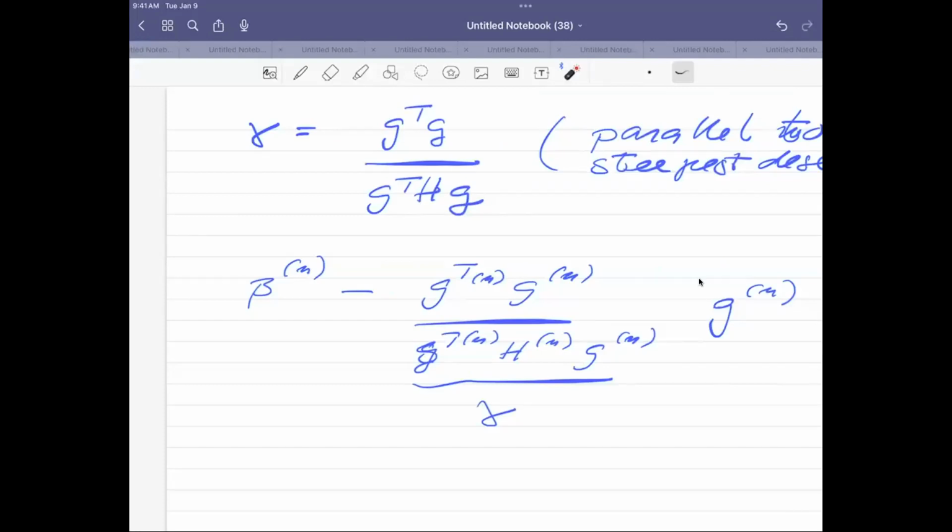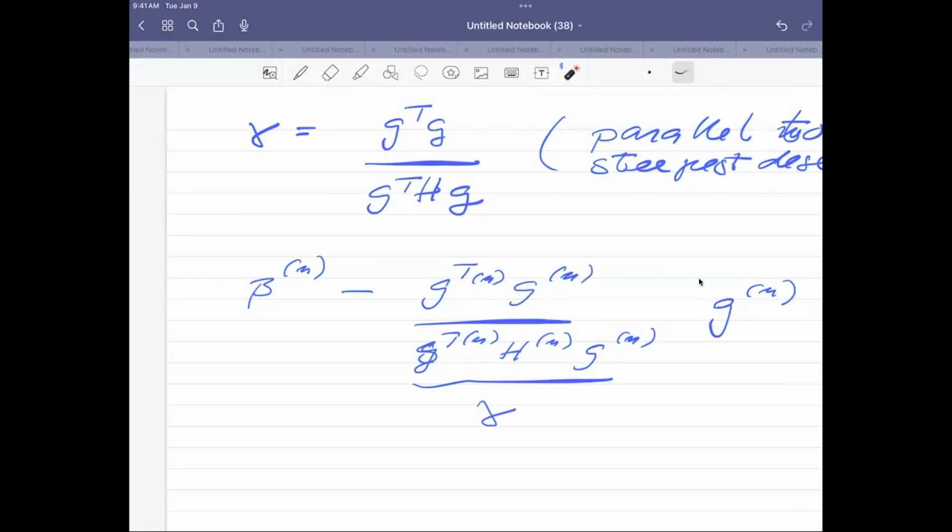Now, the reason why I took this simpler case is that this also relates to a very popular method called steepest descent. What we see here is that we can update this learning rate by calculating this ratio.